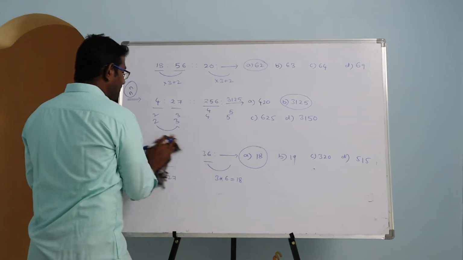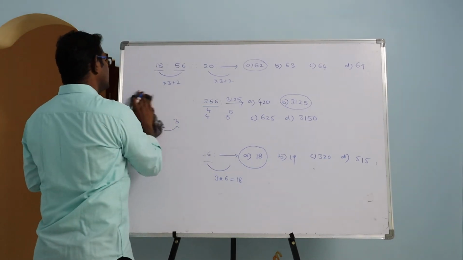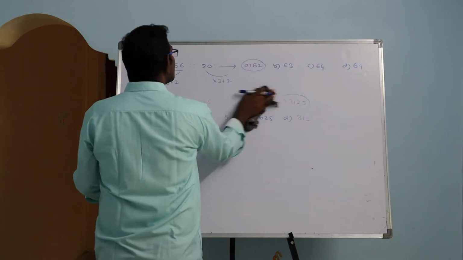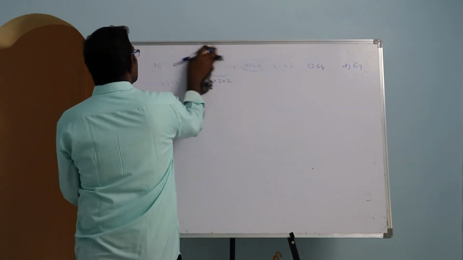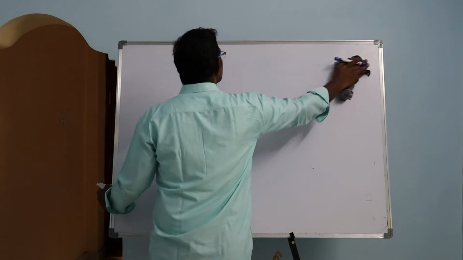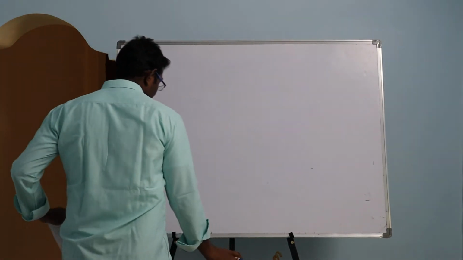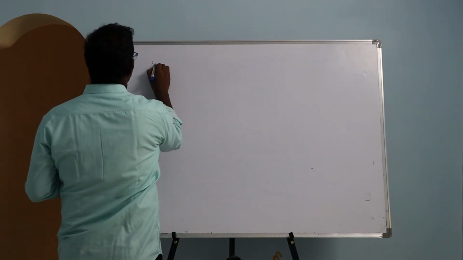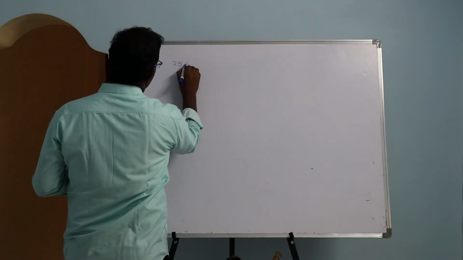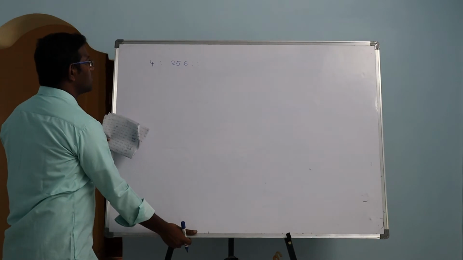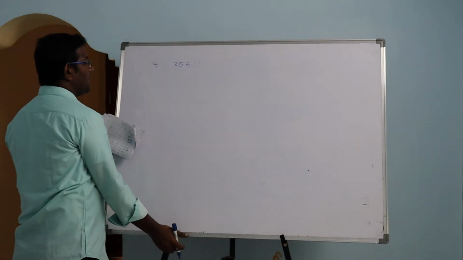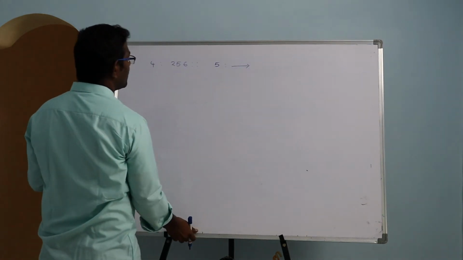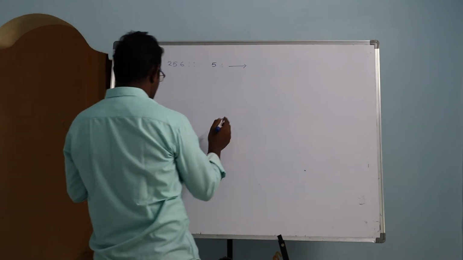Write down the next bit now. Right, next bit now. 4 is related to 256 as 5 is related to dash.